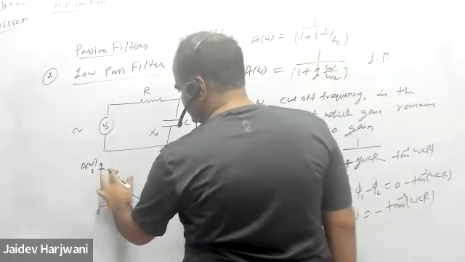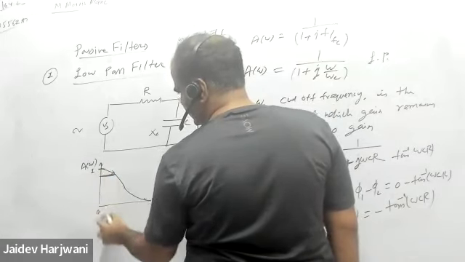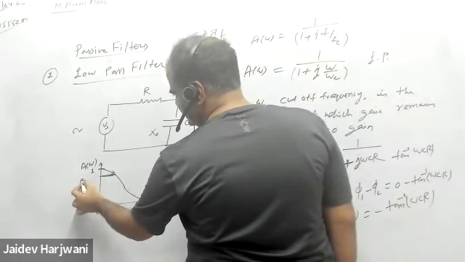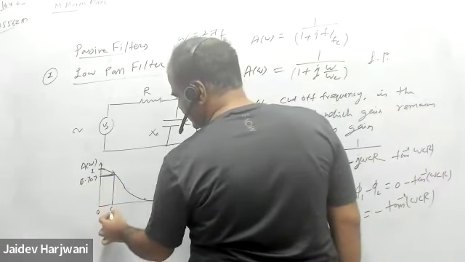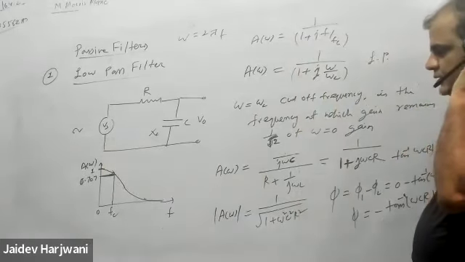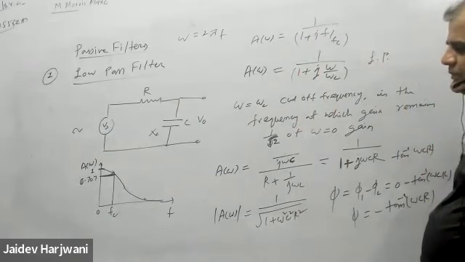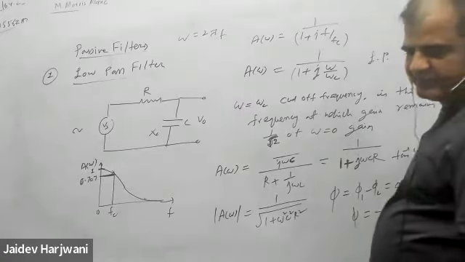It just drops like this. This is the cutoff frequency fc, at which the gain is 0.707, 1 by root 2. So this is the curve.